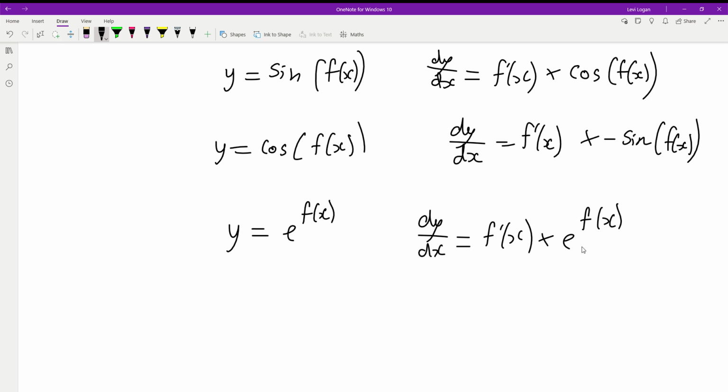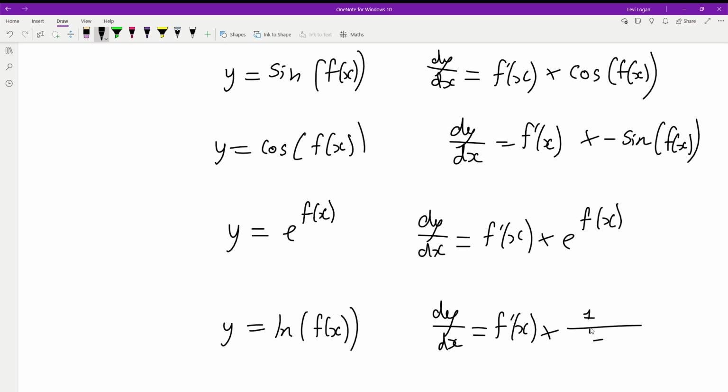Okay? Now, if I have y equals ln of f of x, dy dx, differentiate the inside one, so f dash of x, multiply differential of the outside, so 1 over f of x. So you get f dash of x divided by f of x.